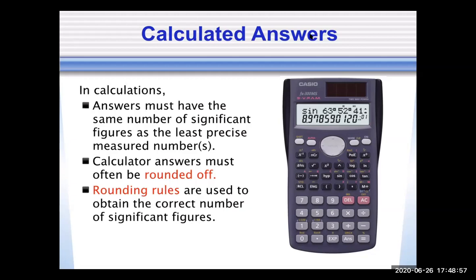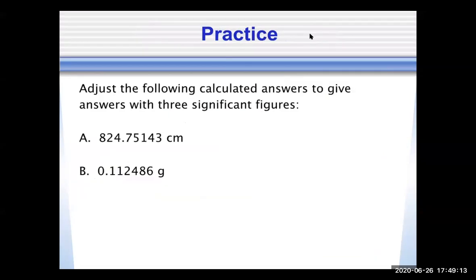So how many significant figures can you report depending on the numbers in your problem? When you see an answer like this in your calculator, you are most certainly going to be rounding off. So we follow the normal rounding rules you've learned. If the next number is a 5 or higher, you round up, and if it's a 4 or lower, you round down.